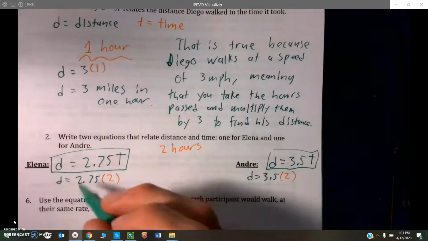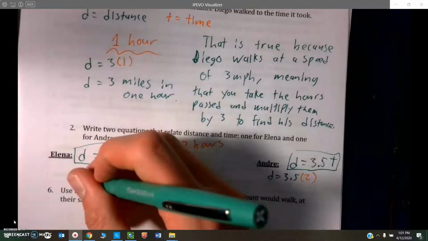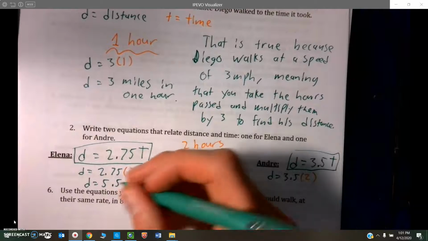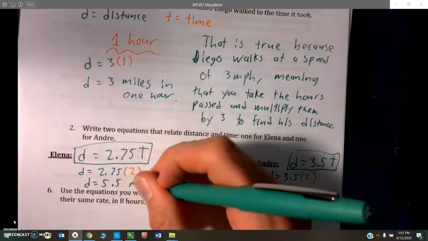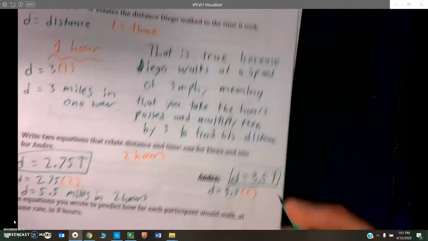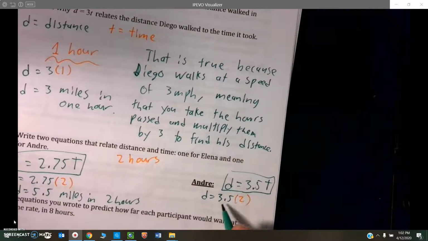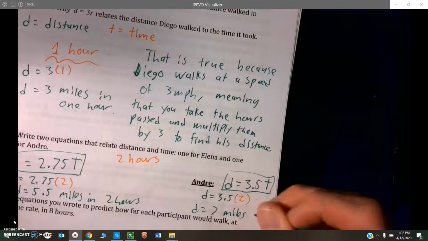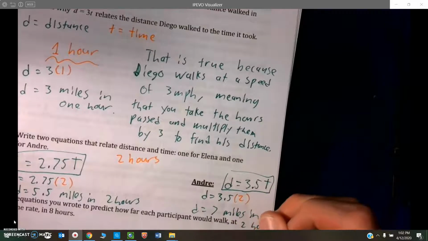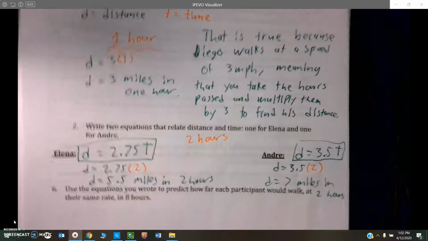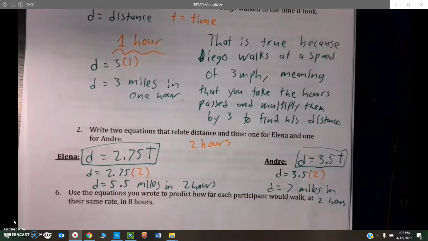And 2.75 times 2 is 5.5, so meaning 5.5 miles in 2 hours. And that would mean that he walked 7 miles in 2 hours. And once again, if we went back to our table, those are the correct values from the table.